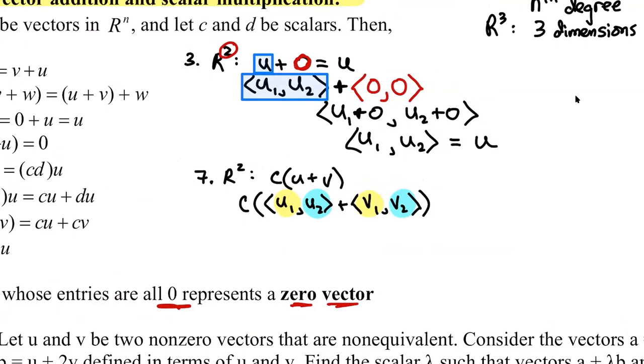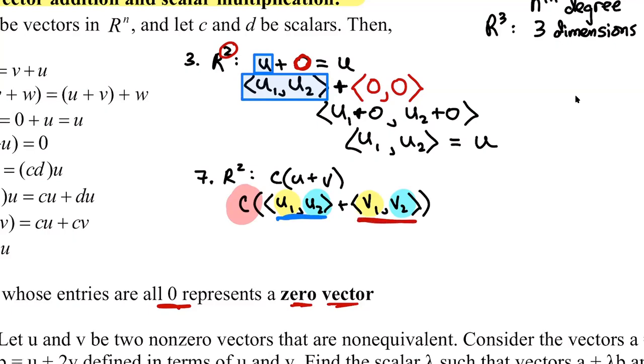But what we want to do here is distribute the C. I kind of lost track of the objective, right? So I'm going to distribute the C to each one of these vectors.